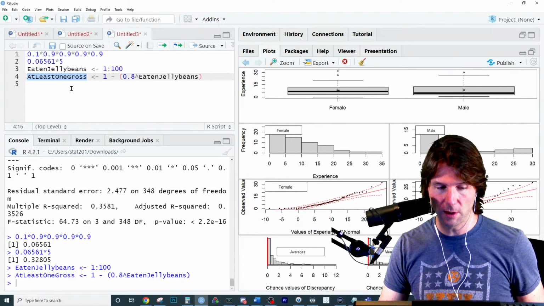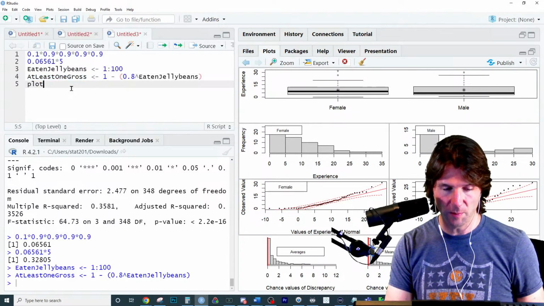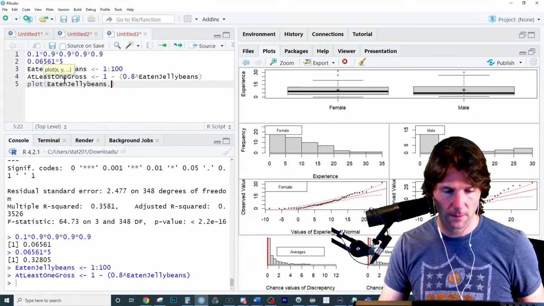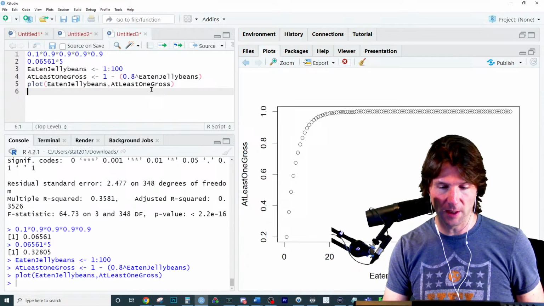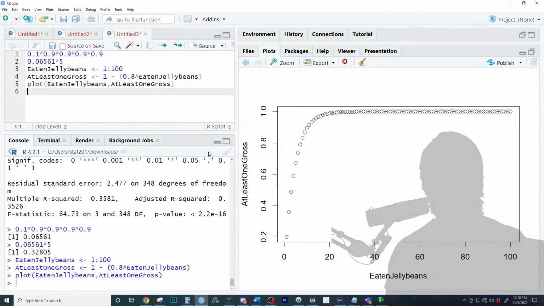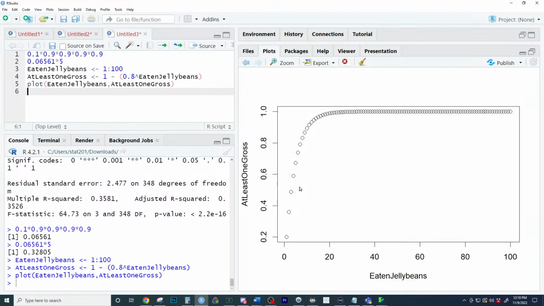And what do you notice about the probability if we plot this out right here? As you eat more jelly beans, it's x comma y, right? I don't usually use native plot. As you eat more jelly beans, what do you notice about the probability of at least one being gross? Is it type equals line?